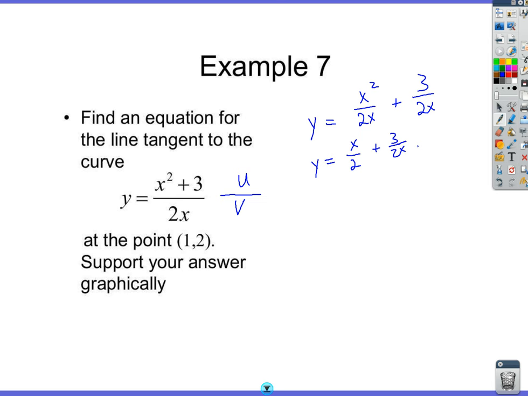Now, again, this may seem like, how is this going to be a power rule? I've got x's on top, x's on the bottom. So you again got to remember about fractions and how they work with variables. This is the same thing as saying 1/2 times x to the first power plus, well, if I have an x in the denominator, that means it's to a negative power. So it's the same thing as saying 3/2 x to the negative 1 power.